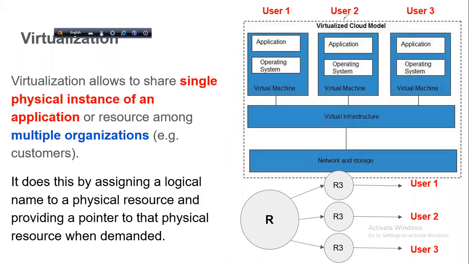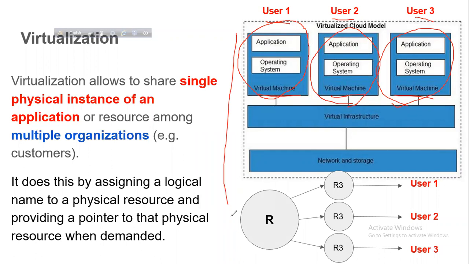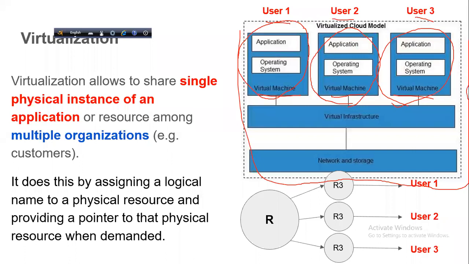We have user 1, user 2, user 3, and there is a dedicated system for each user, and this system is called a virtual machine. These are built upon a single hardware structure.